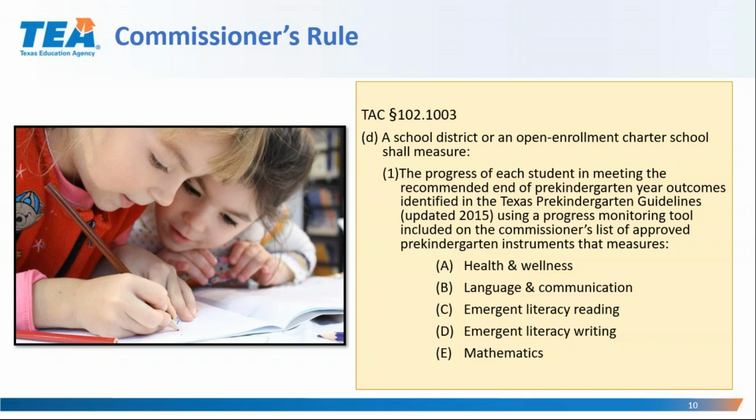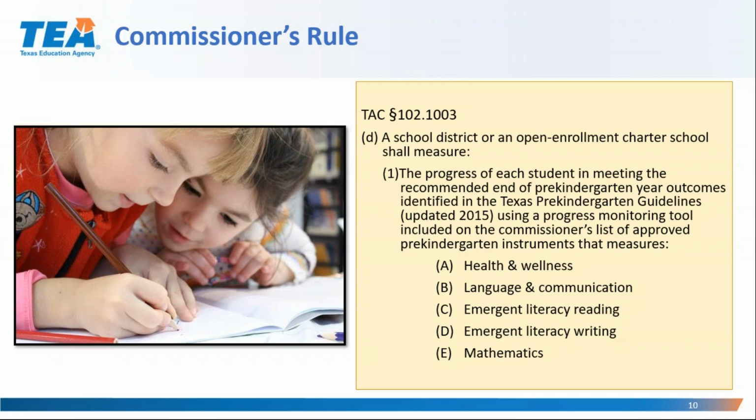And it must measure these 5 developmental domains. They include health and wellness, language and communication, emergent literacy reading, emergent literacy writing, and mathematics.